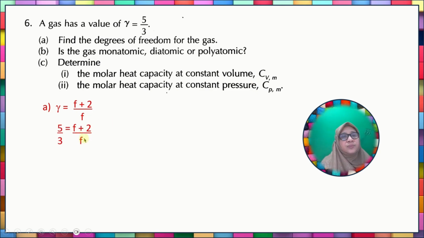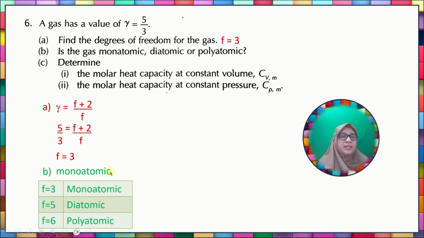We substitute 5/3 and cross multiply, we get F is 3. So if F is 3, that means the gas is monoatomic. You must memorize this: F3 for monoatomic, F5 diatomic, F6 polyatomic.